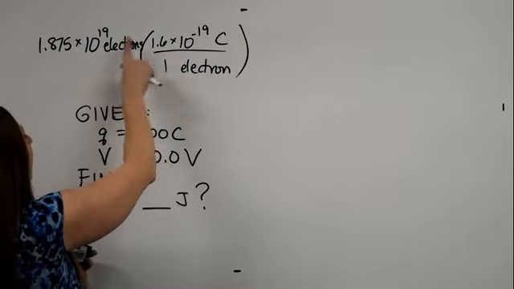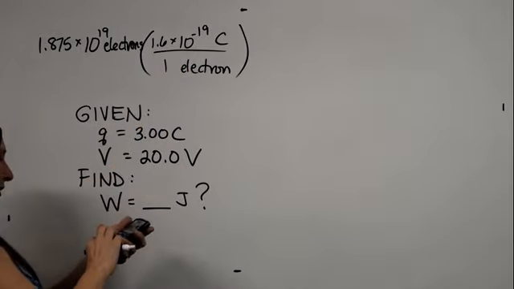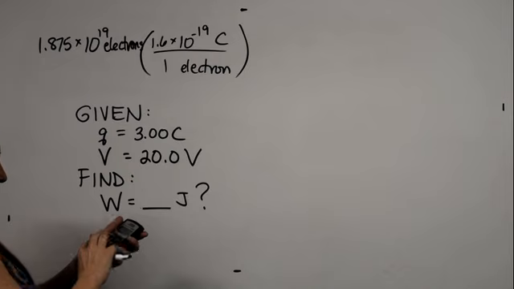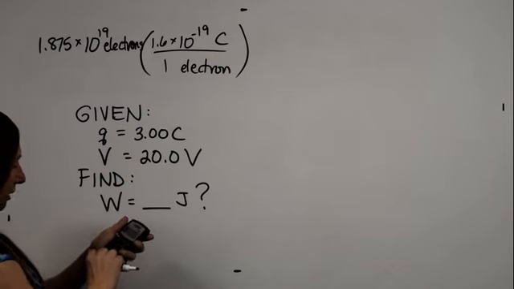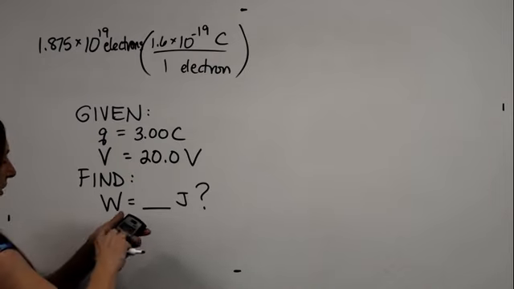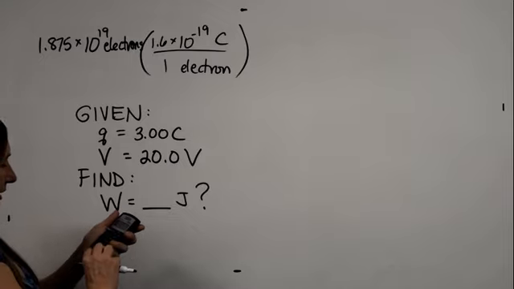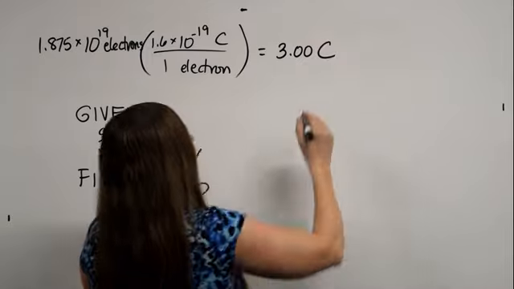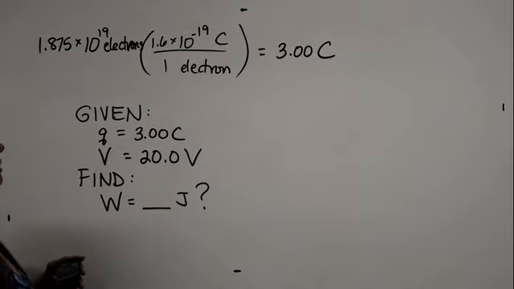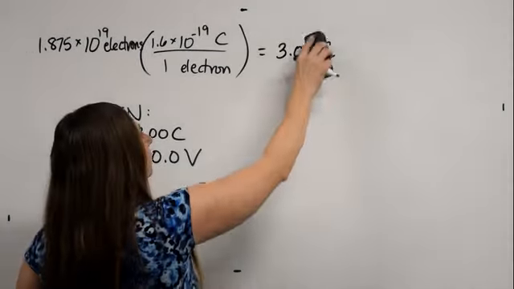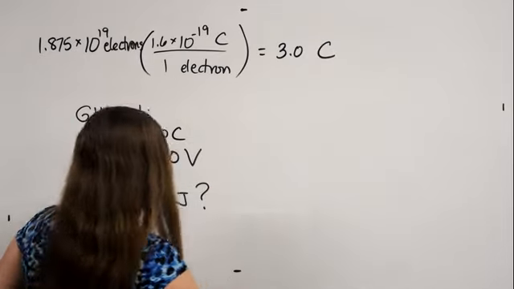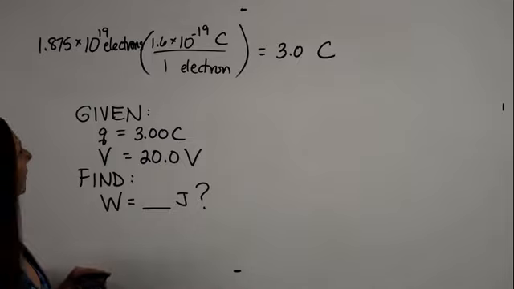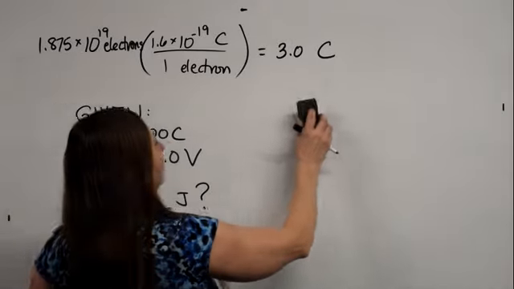So if I take this and multiply by that number, 1.875 times 10 to the 19, times 1.6 times 10 to the negative 19, we're still getting 3 coulombs. Except this time we only have 2 significant figures. So, back to the rest of the question.